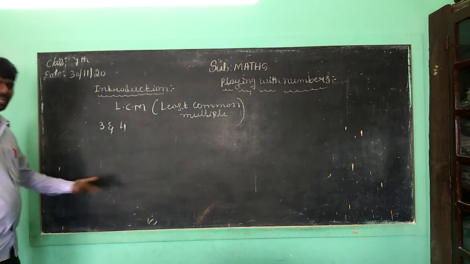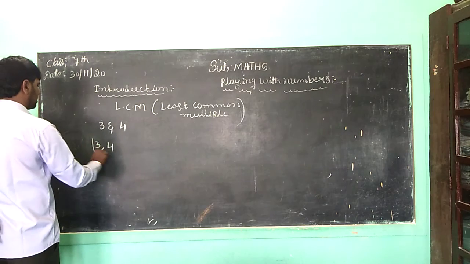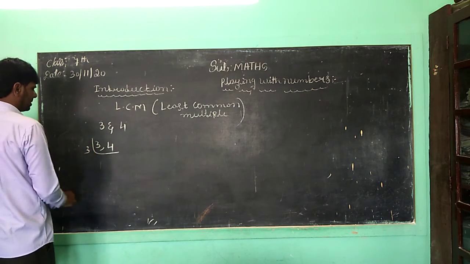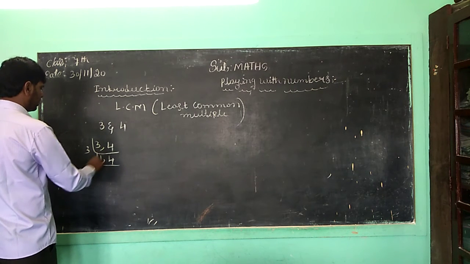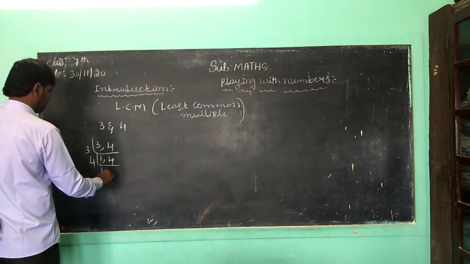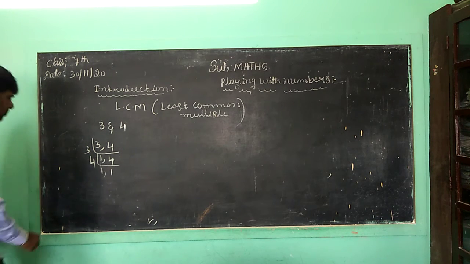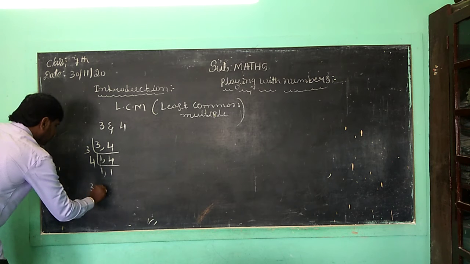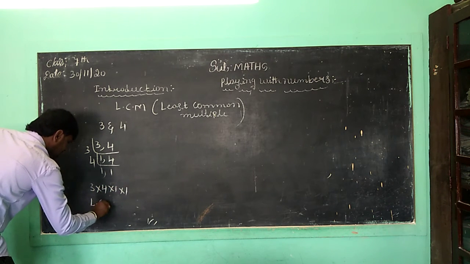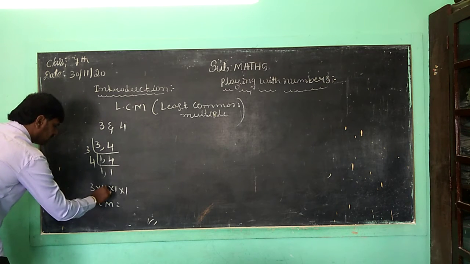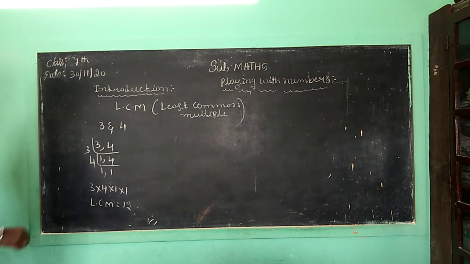How can we find 3 and 4? See, children, here 3 is there. That's why you want to multiply by 3. 1 3 is 3, 4 as it is. Children, here 4 is there. You want to multiply 1 1s are 1. So, children, now you want to multiply: 3 into 4 into 1 into 1. LCM is equal to how much, children? 3 4s are 12, 12 1s are 12. LCM is equal to 12, children.